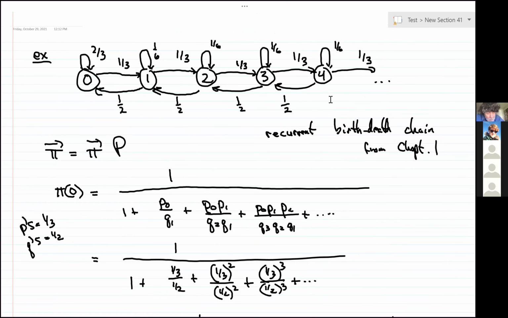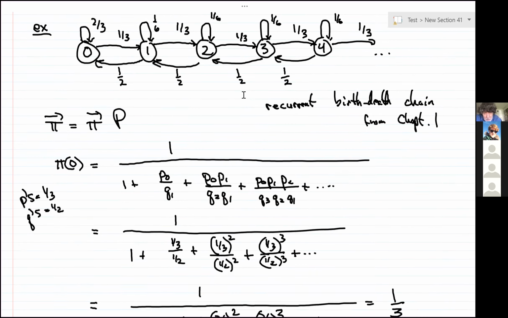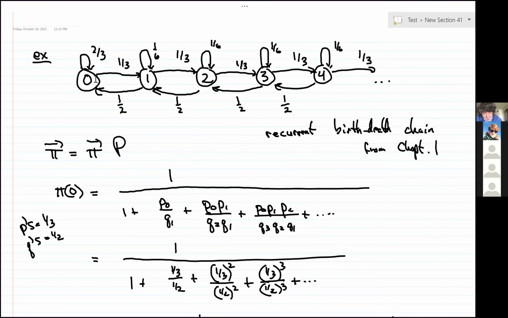So there's no stationary distribution in that case, which I think should make sense to you, because if there were a stationary distribution, its values would indicate the long-term probability of being at these states. And actually, the long-term probability of being in any of these states is 0. Why? Again, assuming the half and the third are reversed, because you're being pushed away from 0. You're being pushed off to infinity.